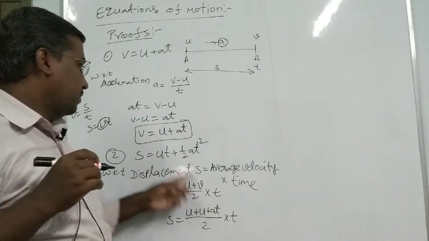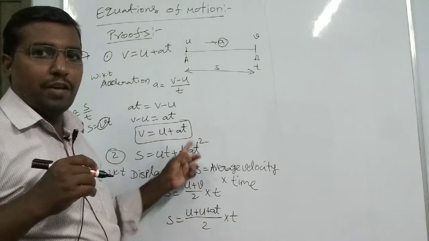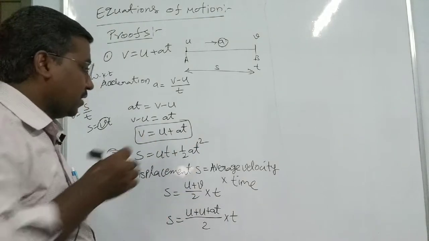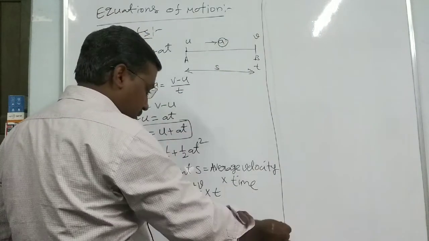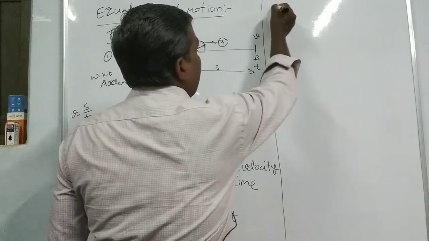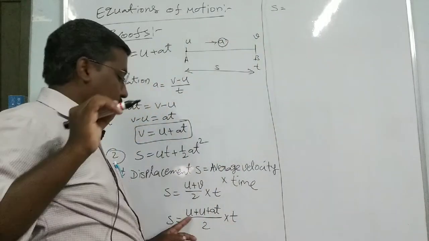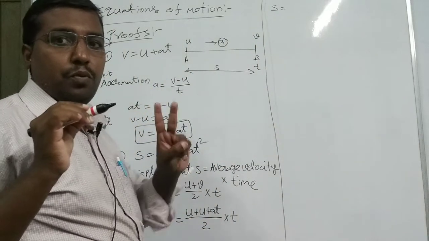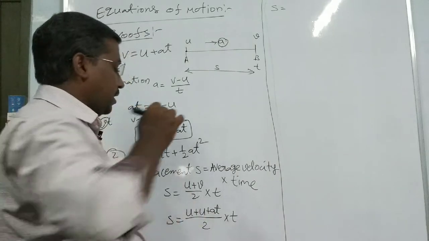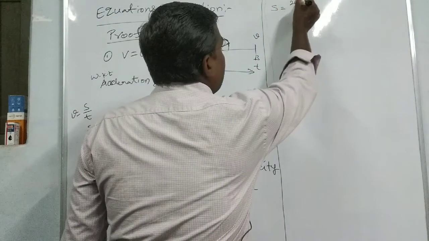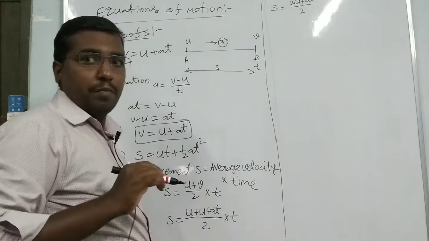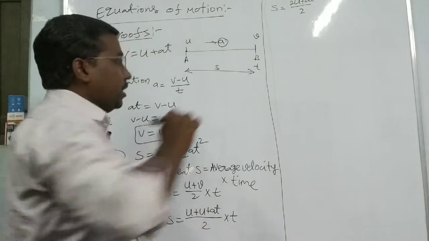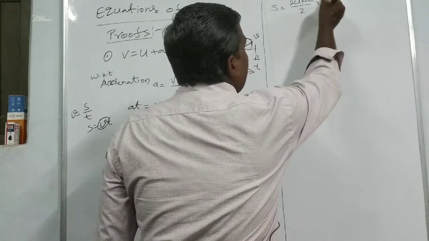We take v equal to u plus at, the final velocity, and substitute it here. So s equal to u plus u plus at, that is 2u plus at, by 2 into t.